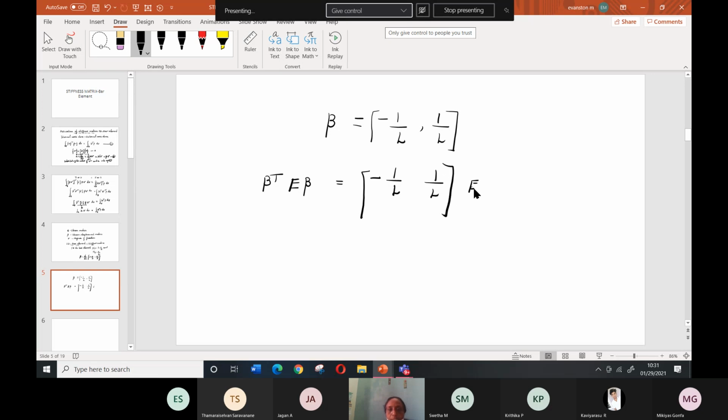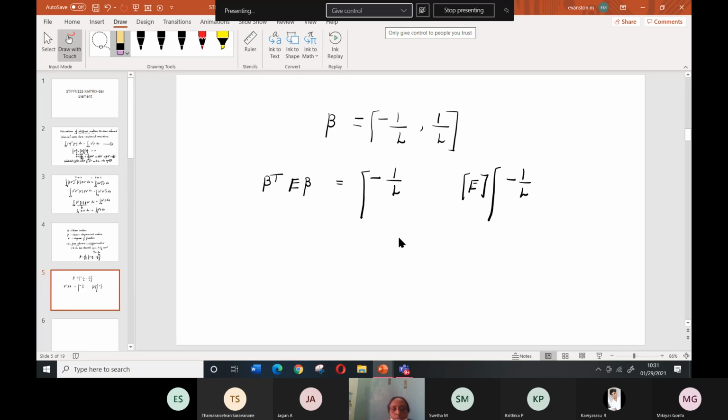Then E, into minus 1 by L, 1 by L. Sorry, this is the transpose.